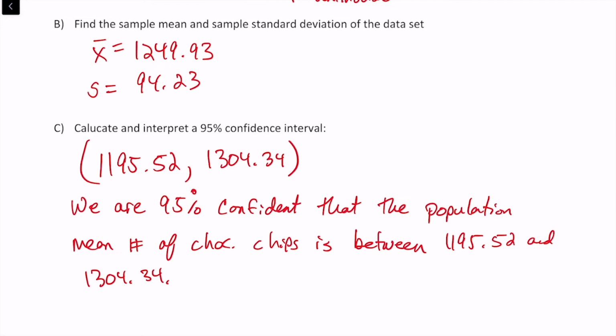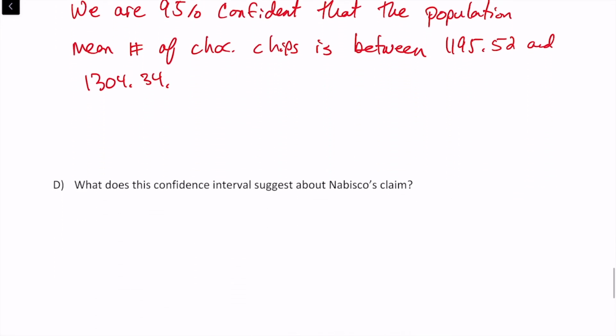Okay? All right, lastly, what does this confidence interval suggest about Nabisco's claim?